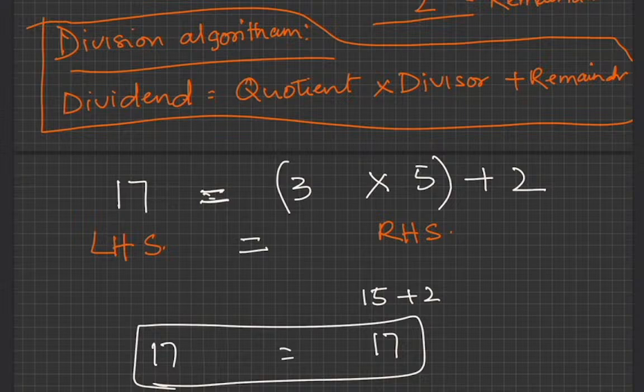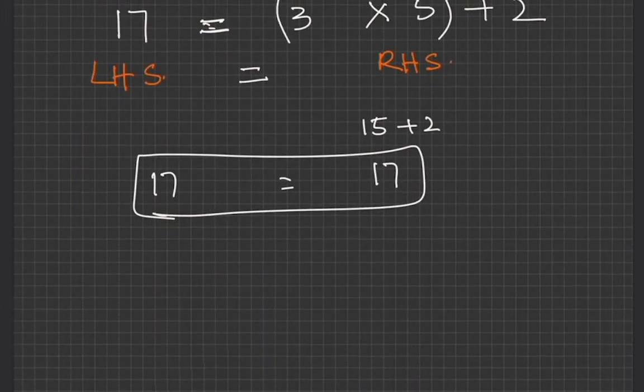Similarly, how do we use this method to verify the division of a polynomial by another polynomial? That is what this session is all about. So let's start today's session. I want you to try doing it through long division.